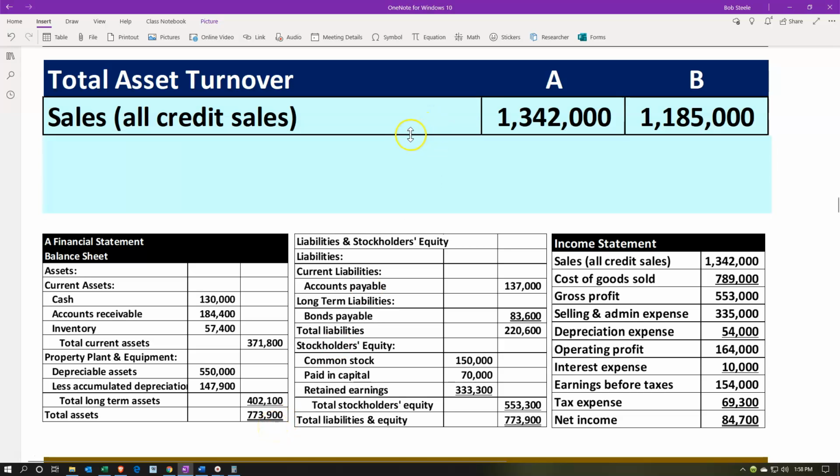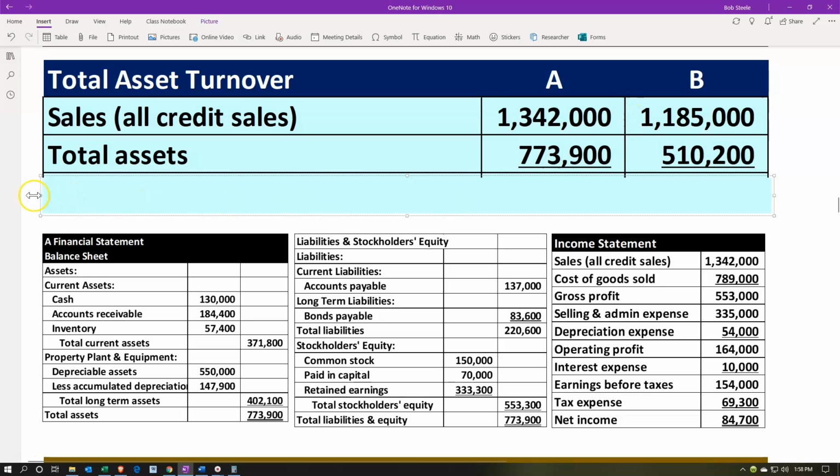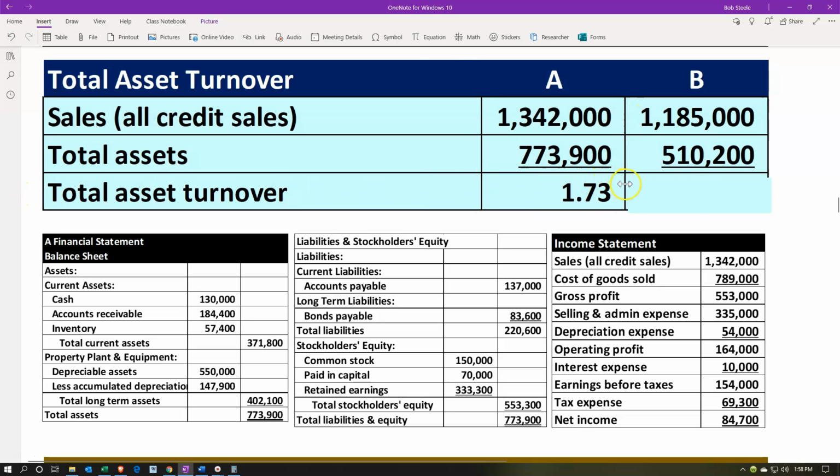So we're going to take the sales, once again, the income statement number, divided by total assets, the balance sheet number. Therefore, you have an income statement and a balance sheet number, two different timing segments. Therefore, you might see this as net sales divided by average total assets, depending on the context. Notice we're focusing in on A here. I included B, but we're focusing in on A. So ignore the numbers to the right.